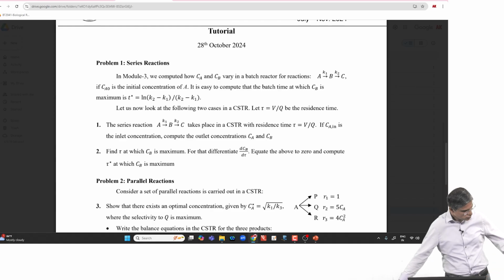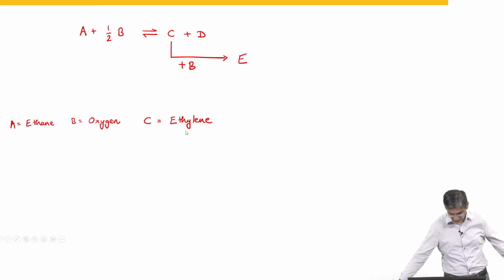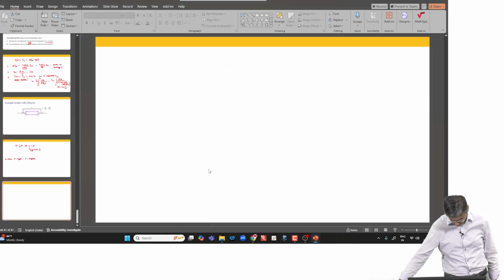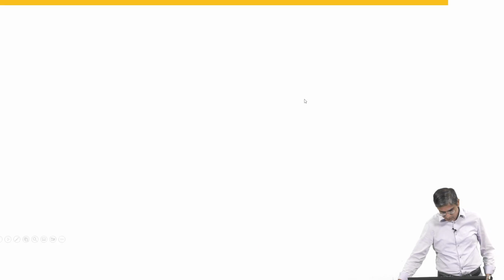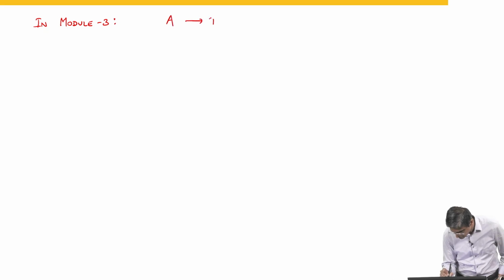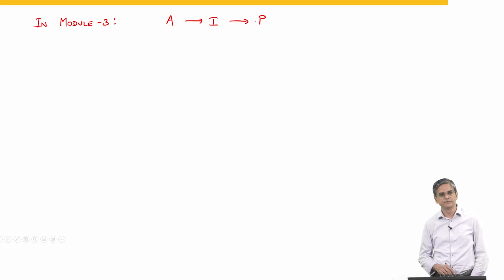Now, how do you go about doing this? The way you will go about doing this, okay, in module 3, we looked at the reaction A going to I going to P. Okay.